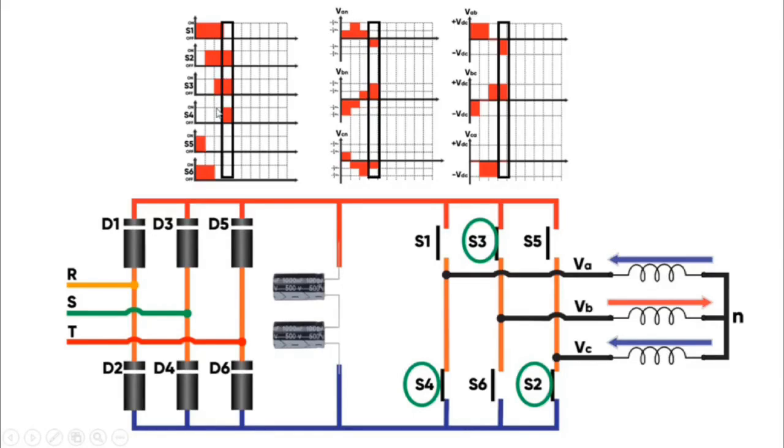In the next scenario, switches S3, S4, and S2 are closed for us. That means their value is 1. The other switches have a value of 0, and when this switch is closed, since these 2 switches are also closed for us, here, in fact, a potential difference is created whose value is 2/3 of our DC voltage.